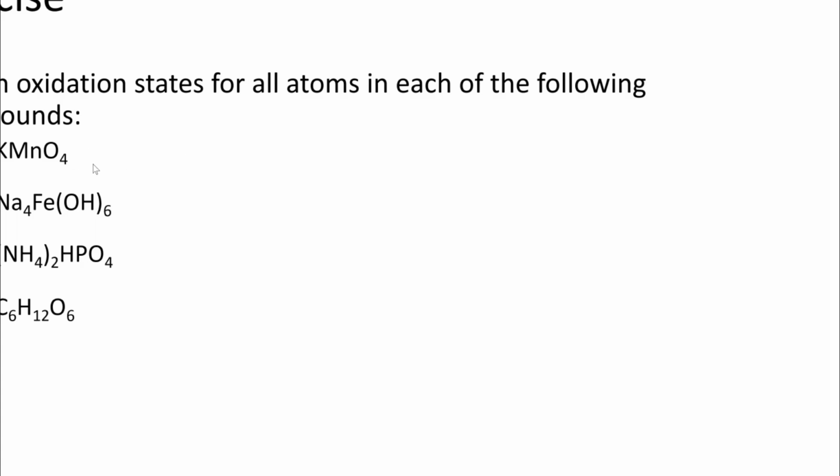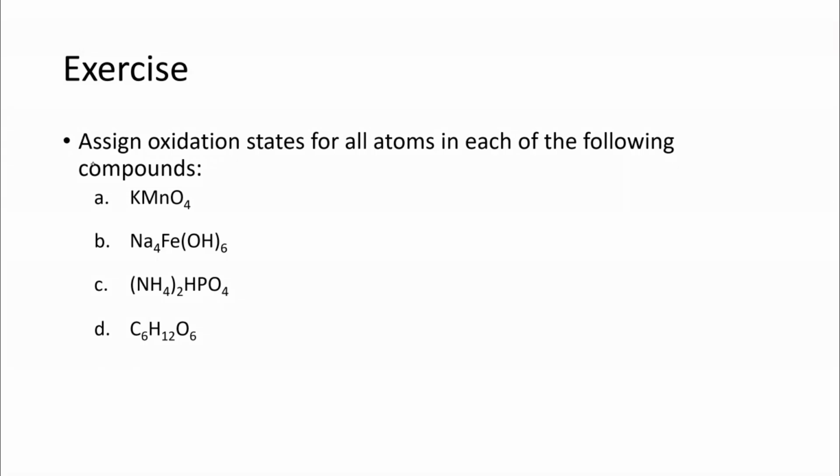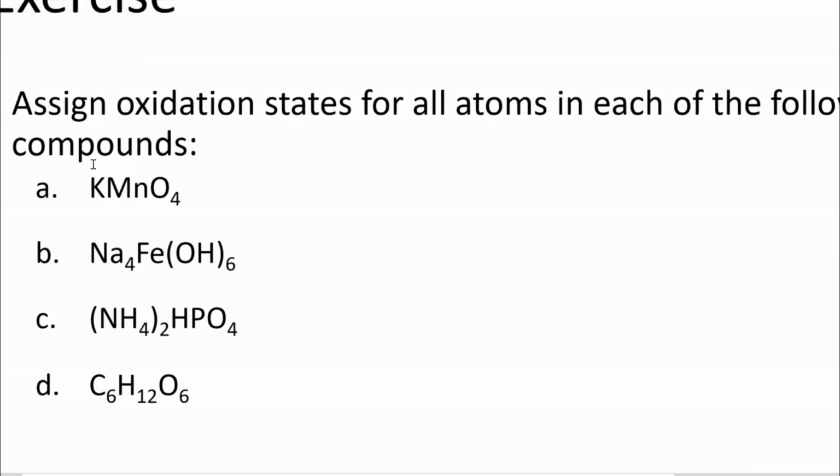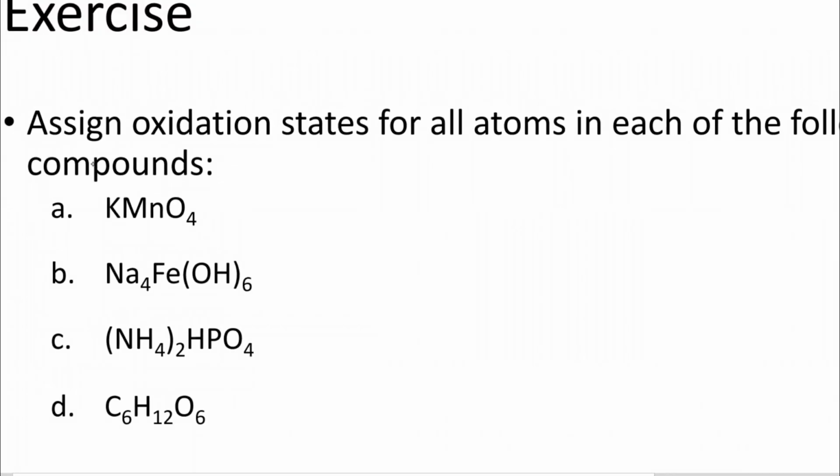All right. So let's do these. KMnO4. So what do we know? Someone tell me. Perfect. Great place to start. O is -2. What else do we know? Good. K is +1. It's a group 1A. So now we can deduce the manganese from it.